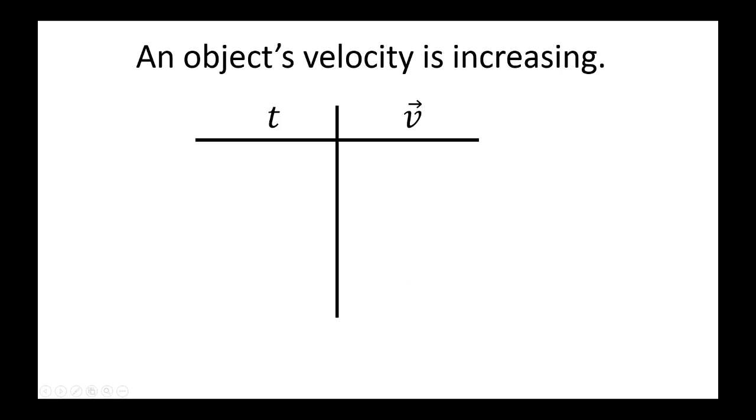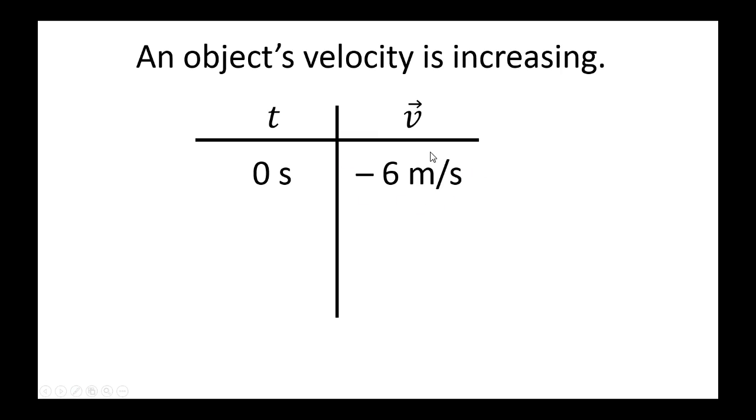Okay, last example. An object's velocity is increasing. Remember, velocity has 2 things. What makes up velocity? It's a speed plus the direction. So let's say that when the person's velocity is increasing, she looks down at her stopwatch, and when it shows 0 seconds, her velocity is -6 meters per second.